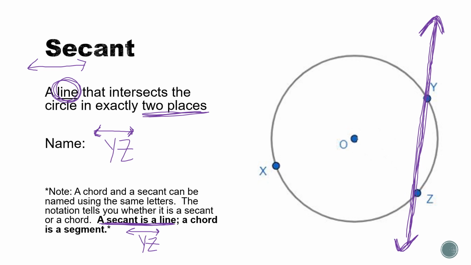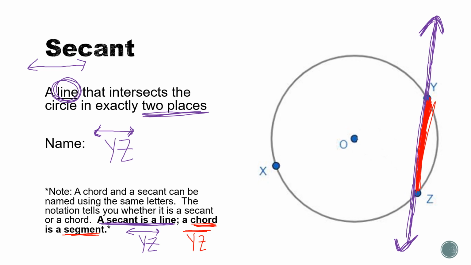But if I was talking about the chord from Y to Z, which means I only want to stay inside my circle, I'm not going outside the circle, just Y to Z with a chord, I would just draw the dash above because it's a segment.